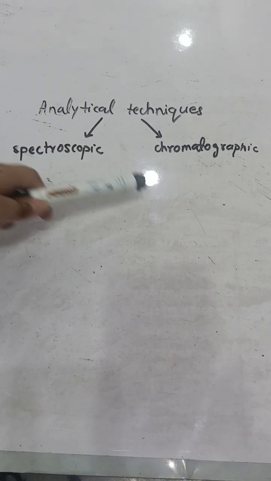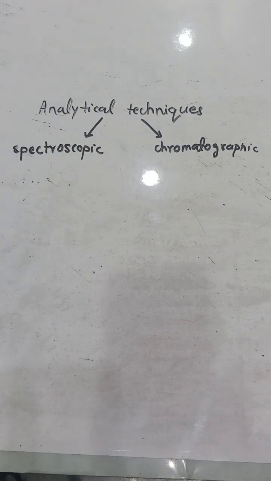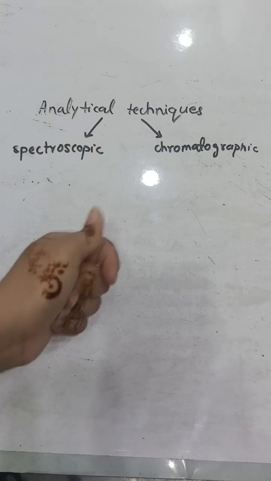These are used to evaluate or estimate the active ingredient of a drug, to check its stability, toxic level, efficacy and safety, to detect impurities, and to check the bulk of our drug. So what are the types of them?